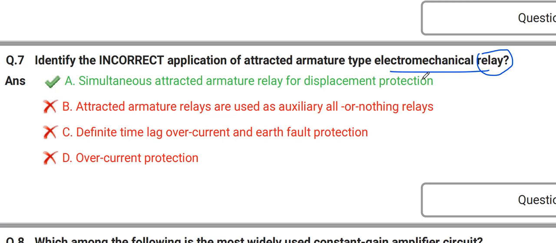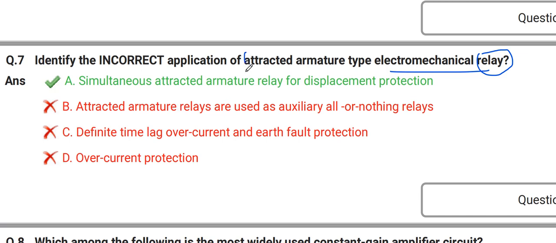So mechanical force is used in that principle of the electromechanical relay, and the operating principle of electromagnetic relays depends on two things. One is the electromagnetic attraction relay, and the second is the electromagnetic repulsion relay.